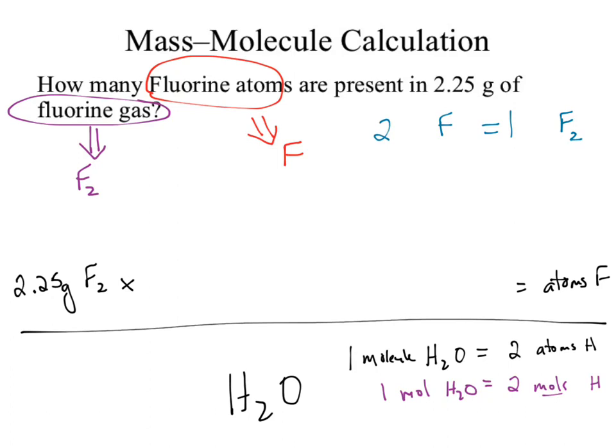1 F2 is 2 F. Where's the measurement? 1 atom of F is 1 mole of F. Sorry, 1 molecule. That says molecule. Or 2 moles of F is 1 mole of F2.